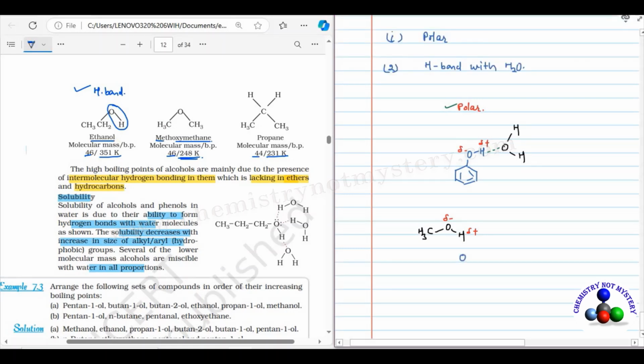So this is water molecule. Here you can draw hydrogen bond between electropositive hydrogen of methanol and electronegative oxygen of water. But there is one point given: the solubility decreases with increase in size of alkyl or aryl group, the hydrophobic groups.